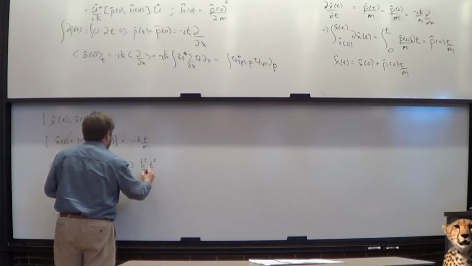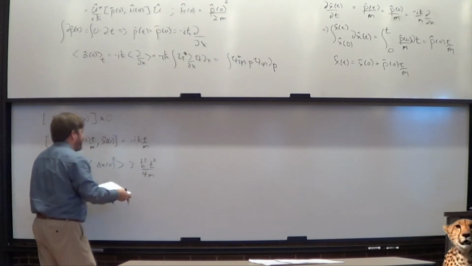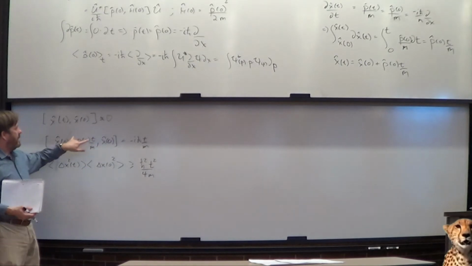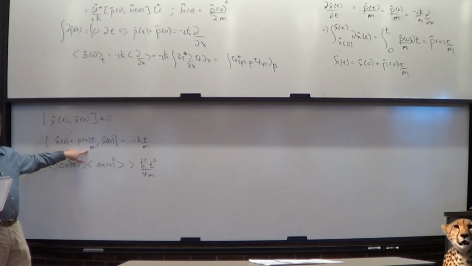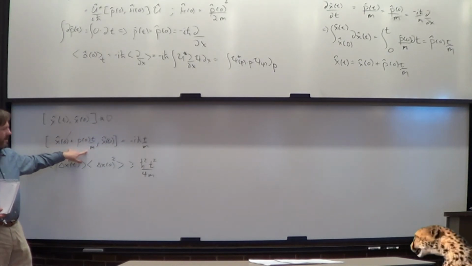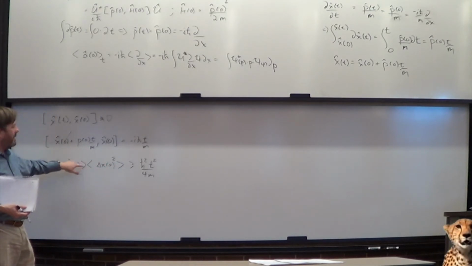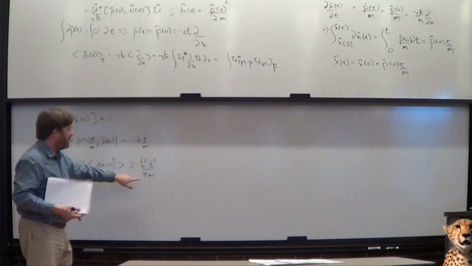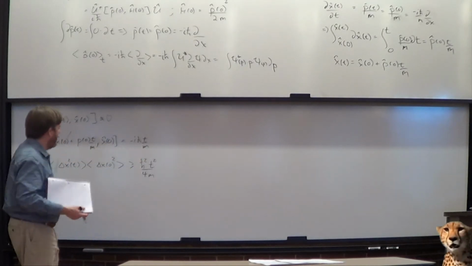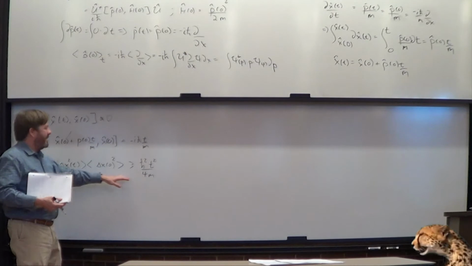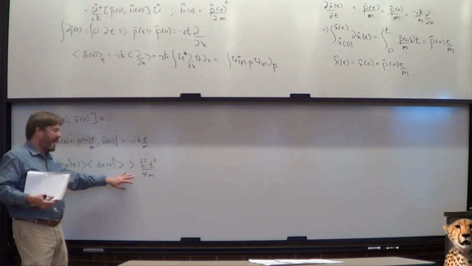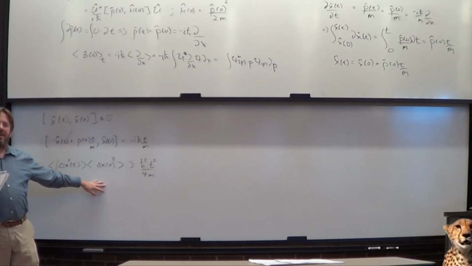Squared over 4. Remember, it's the absolute value squared over 4. So the variances are greater than or equal to the absolute value of the commutator squared over 4.